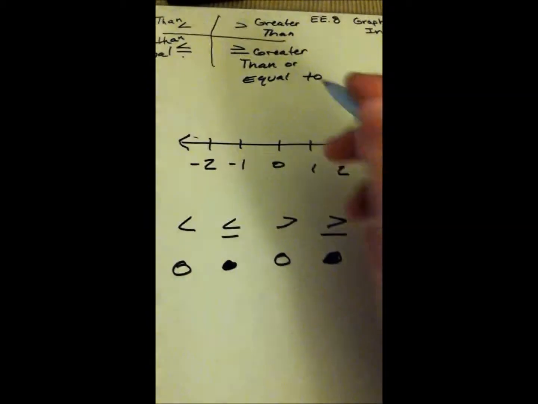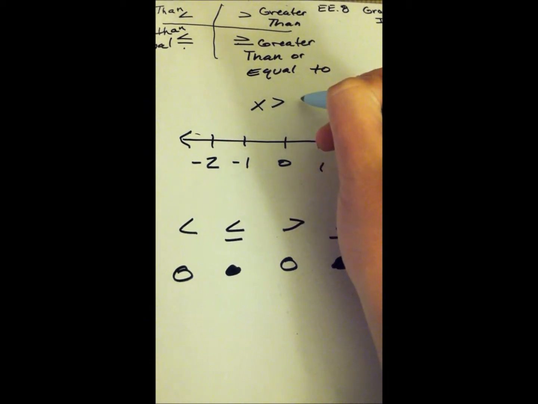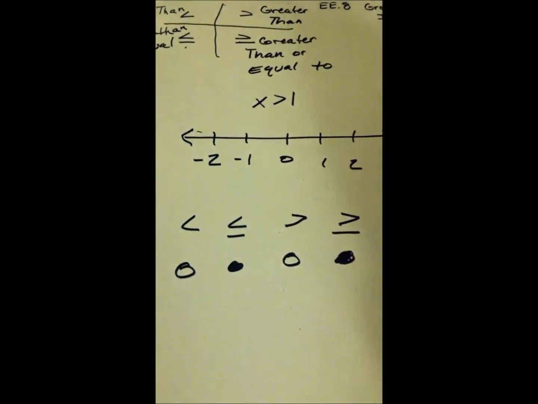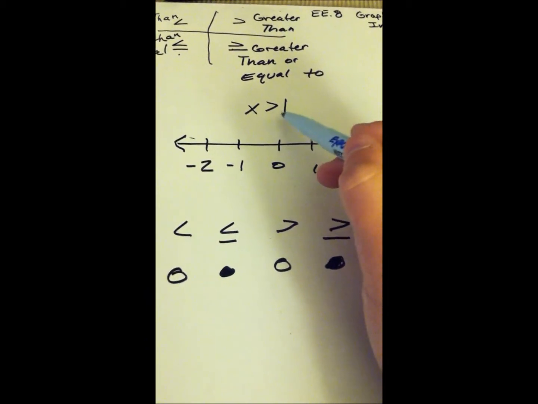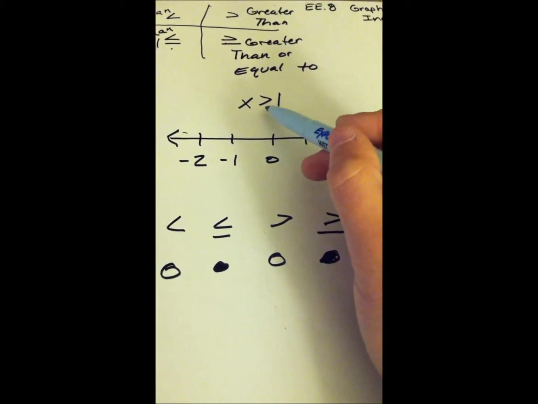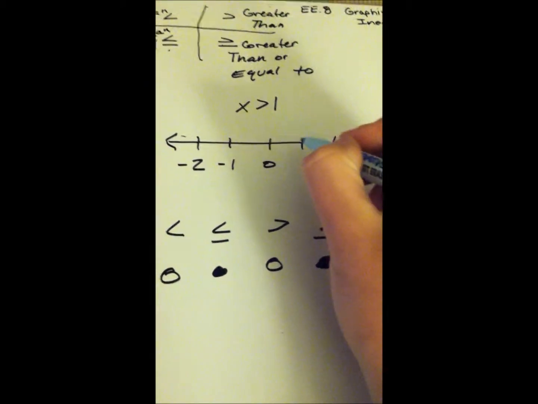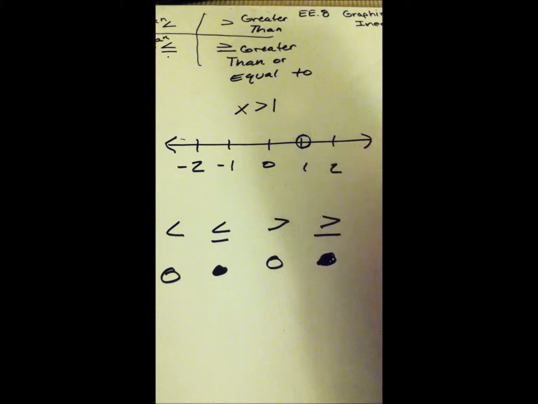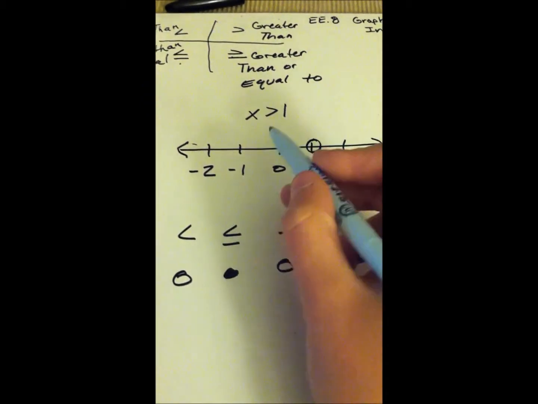So for example, if we said x is greater than 1, I look right here and I'm like, okay, well 1 is my number. This greater than, here it is. Oh, that's an open circle. So I draw a big open circle on 1, and x has to be bigger than 1.